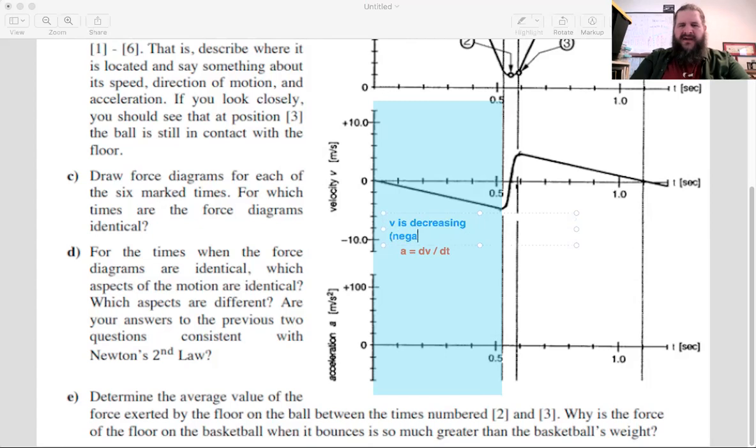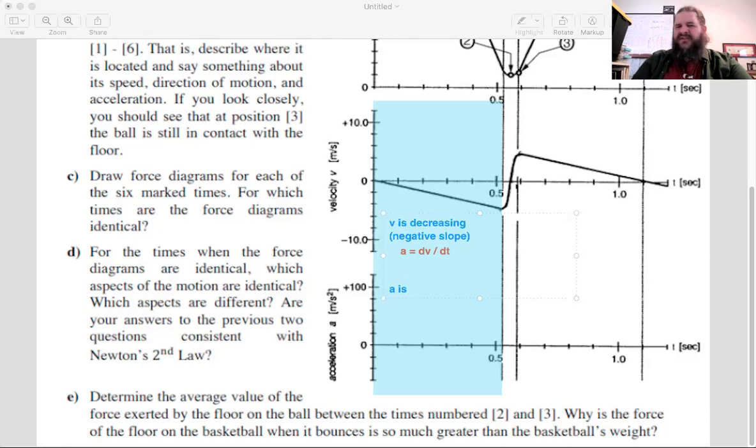In other words, it has negative slope. So what does that tell you about the value of acceleration? That doesn't actually tell us whether acceleration is increasing or decreasing, though.